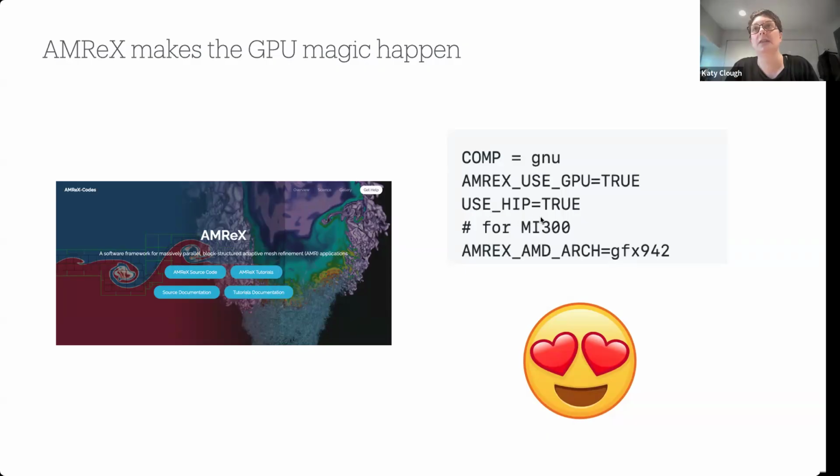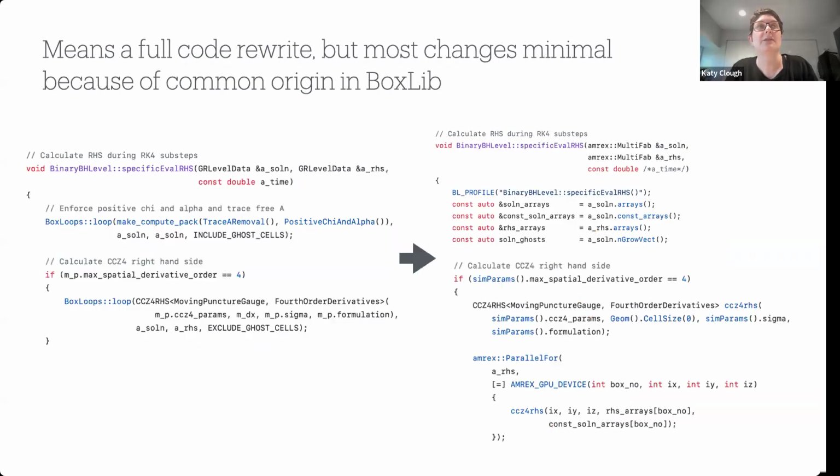If I'm using the AMD GPU nodes, I tell it to use HIP, which is the compiler for AMD nodes. I have to give it this architecture code, but you can Google these; they're relatively easy to find. That's all I need to give AMReX, and it will go and compile the code that's appropriate for this system without me having to do much more. So AMReX definitely gets all the credit for doing the clever GPU stuff.